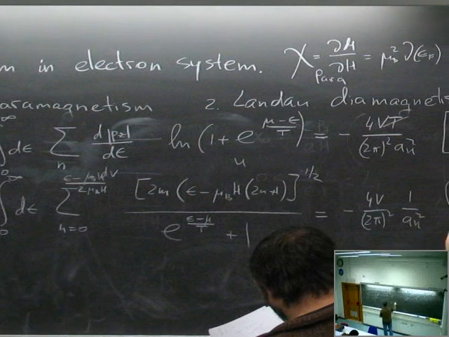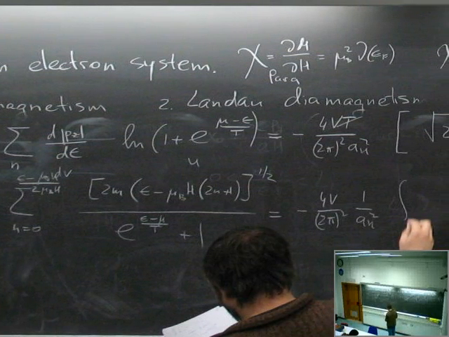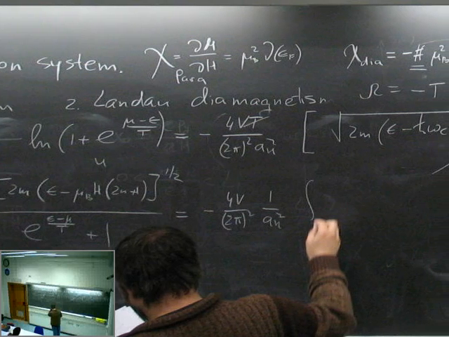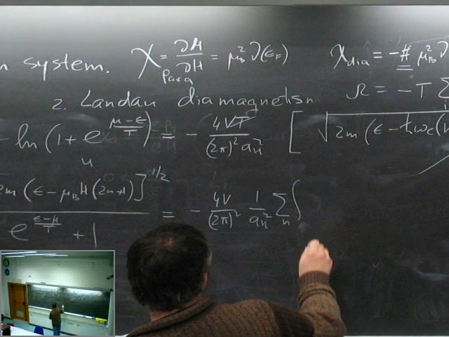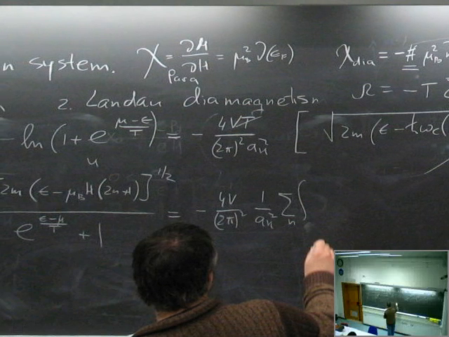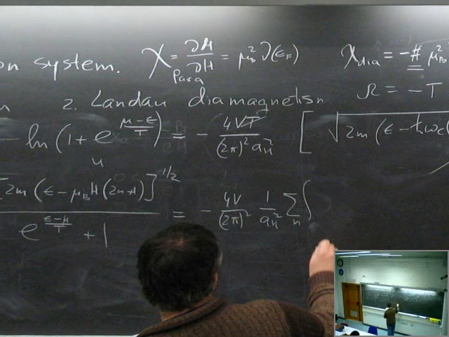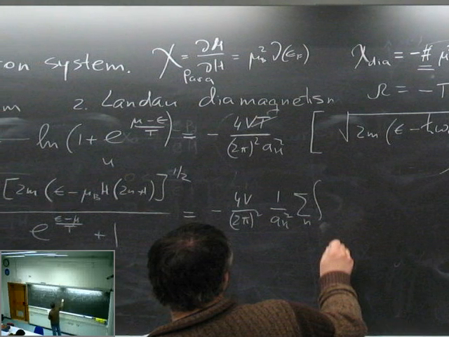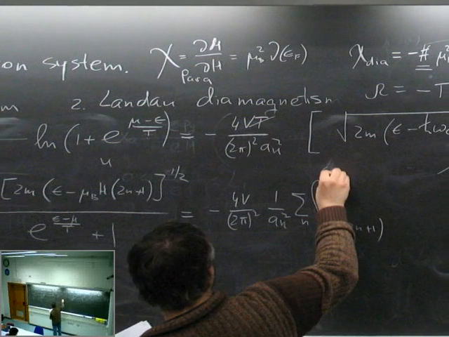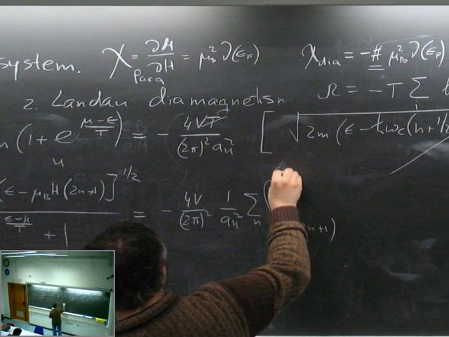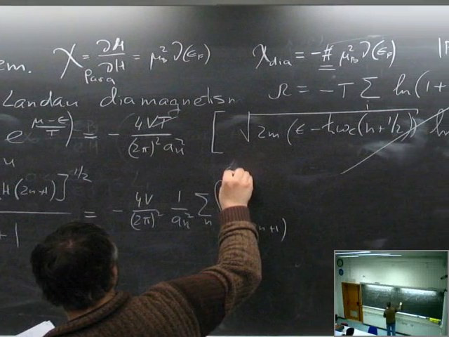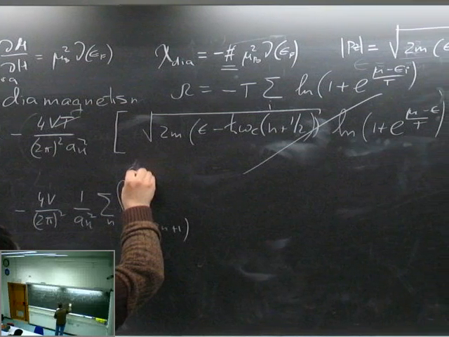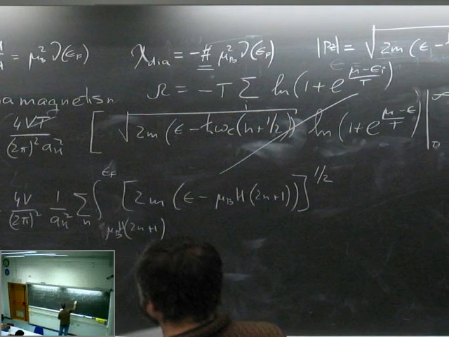Let me replace summation by integration, from the minimal energy to mu_B H (2n plus 1). This is from the minimal energy to the chemical potential, to the Fermi energy. And here I have 2m times epsilon minus mu_B H (2n plus 1) to the power 1/2.